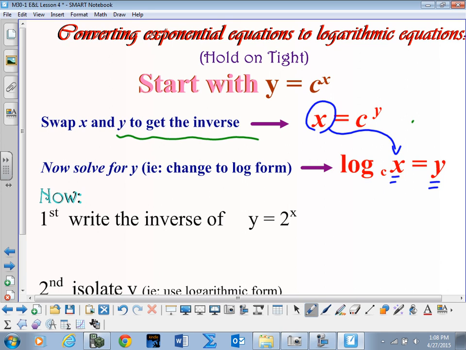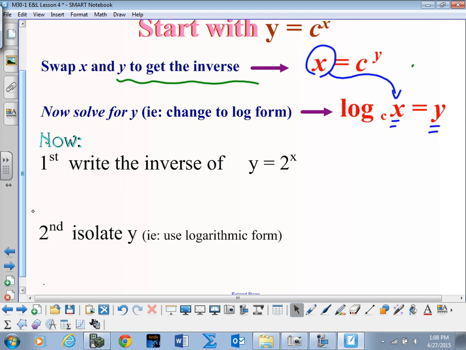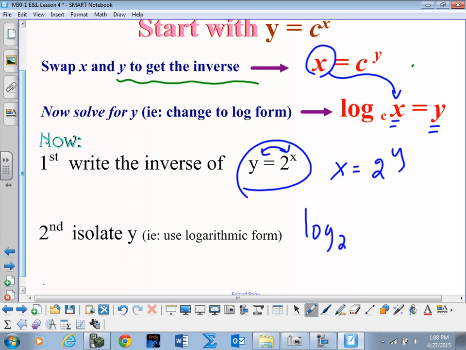So c to the power of y equals x. Let's do an example with base 2. Let's write the inverse of this by switching x and y. Now I want to isolate y, so I'm going to write this as log base 2 of x equals our exponent.